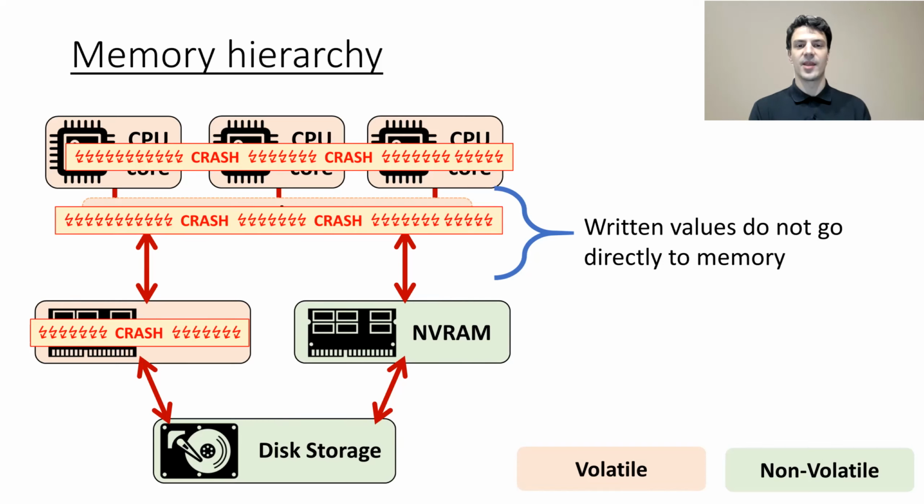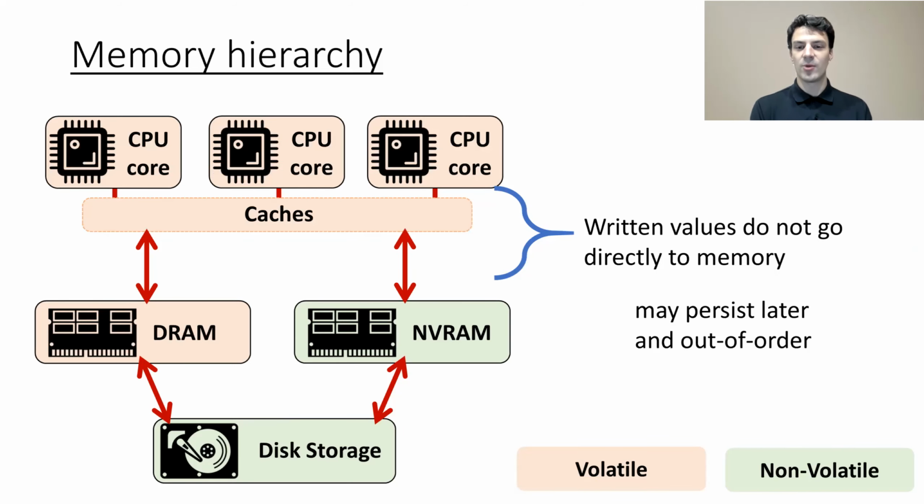Something else that can happen is that a CPU issues two writes in one order, but they reach non-volatile memory in the opposite order. So in order to make sure that programs persist data correctly, it is important to understand the exact interactions between writes and the non-volatile memory.